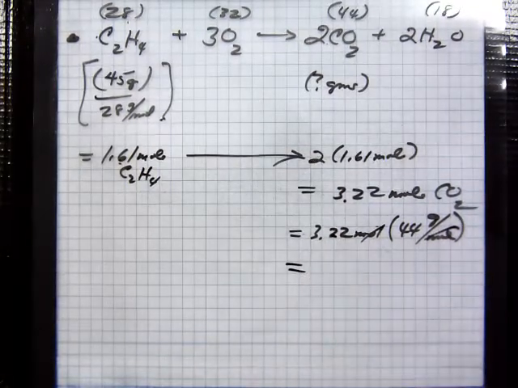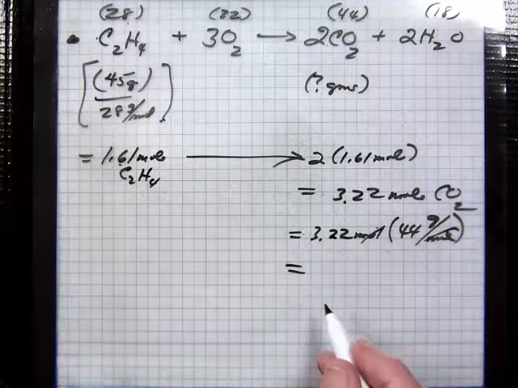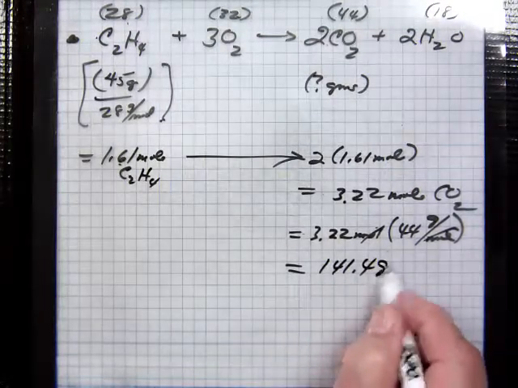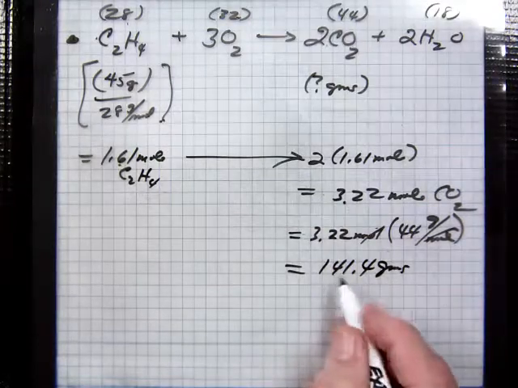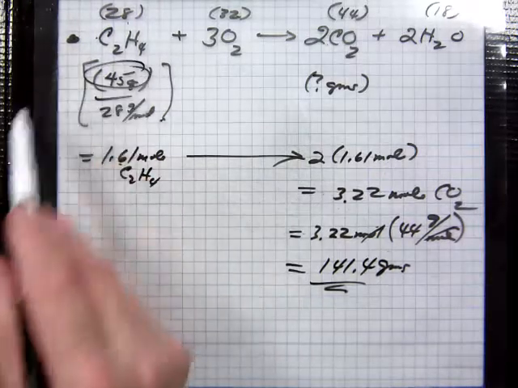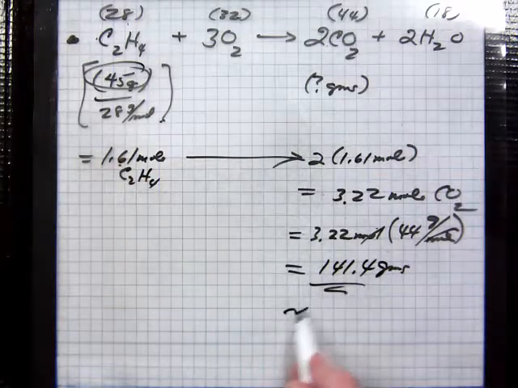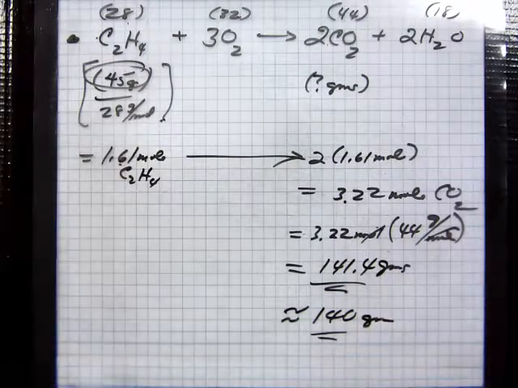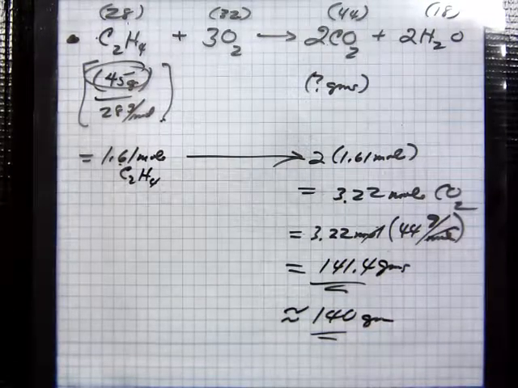What'd you get? 141.4. That's what you said? Okay. We've got 2 sig figs in this, so it'd be 140. That's probably what would be listed in the answer collection.